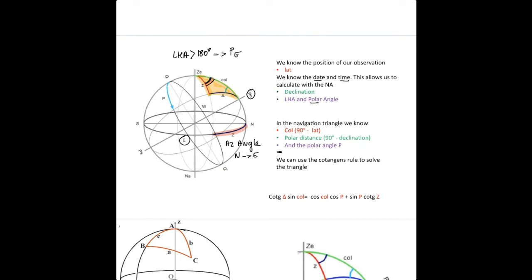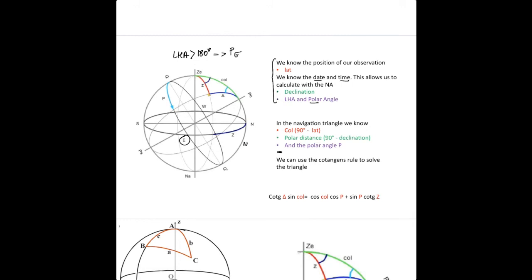Okay, voilà. So if we then take a look at what this information tells us about the navigational triangle, I will use the same colors. I'll erase all the rest, it's maybe clearer.